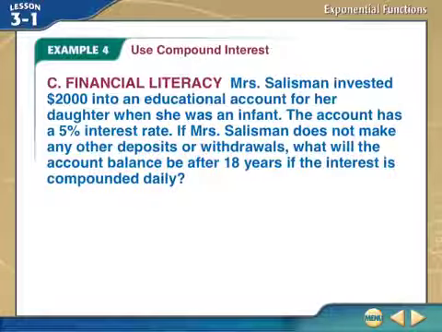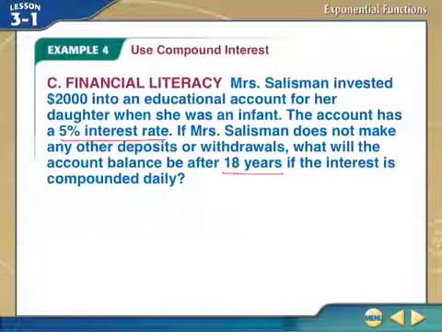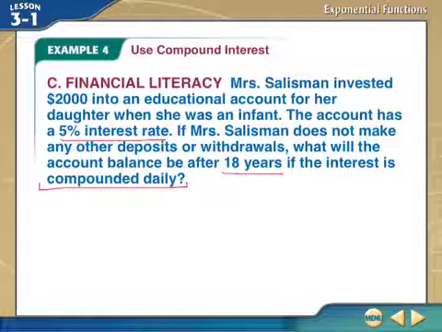In example 4, Part C, Mrs. Solisman is making the same $2,000 investment into the educational account for her daughter at the same rate of 5% for the same amount of time, 18 years. But this time she wants to know what will happen if she compounds her interest daily. Now, we did not talk about what this represents, daily compounding.